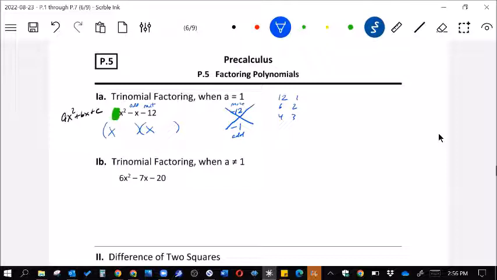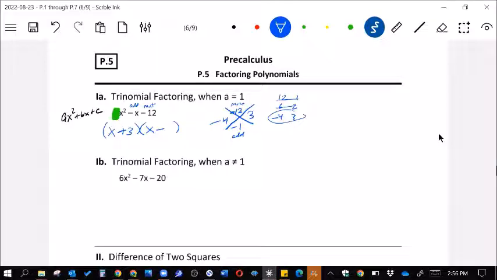Well, in each of these cases, only one of them has to be negative because you're going to multiply to make it negative. But in these two, you can't add up to a -1. If you put a negative there with a 4, now you could add up to the -1. So this pair would work, -4 and 3. Over here, we'll put plus 3.